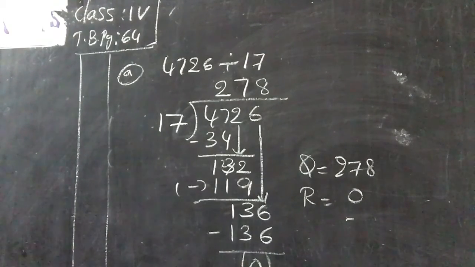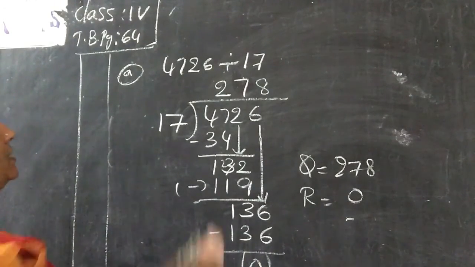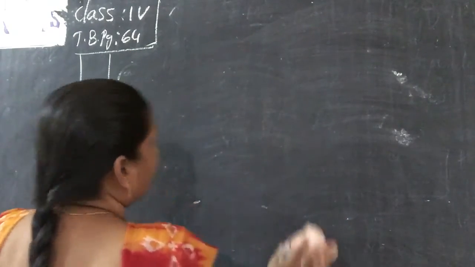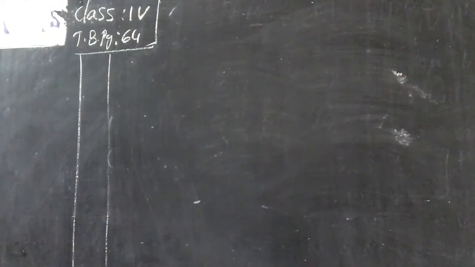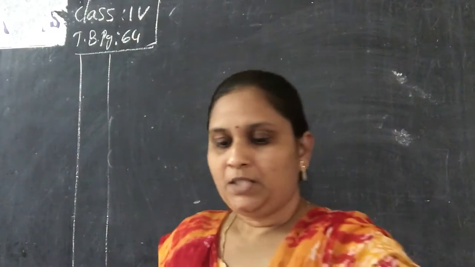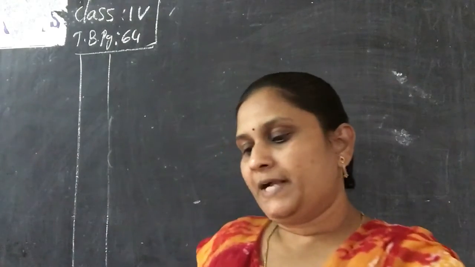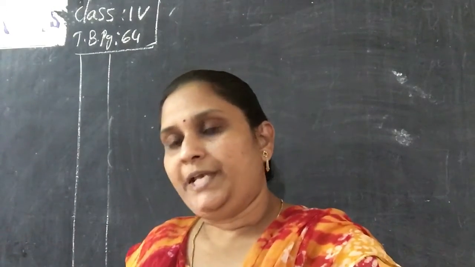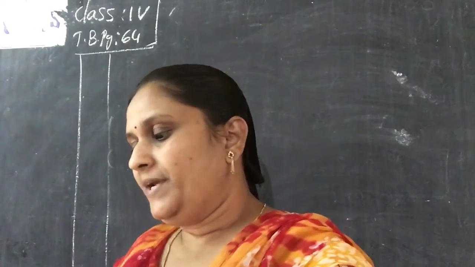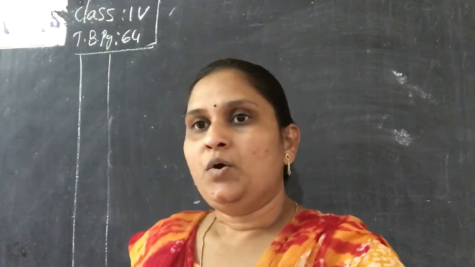Next, section 3, read, think and solve. So here, the first one, if a company produces 81,746 watches in 14 days, how many watches are manufactured in 1 day?